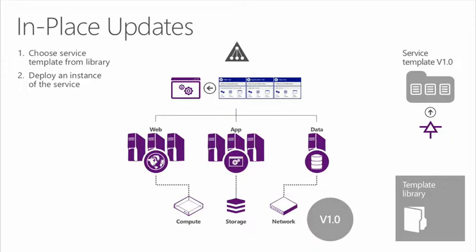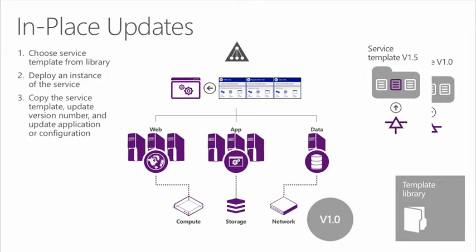Maybe my app tier is running at 2 virtual CPUs and I want to run at 4 virtual CPUs each. Maybe the application version went from 1.0 to 1.5 and I want to deploy an updated app v package for that. Well, I can copy that existing service template, version it to a higher number, make the changes I want to make, and then save and publish that template.